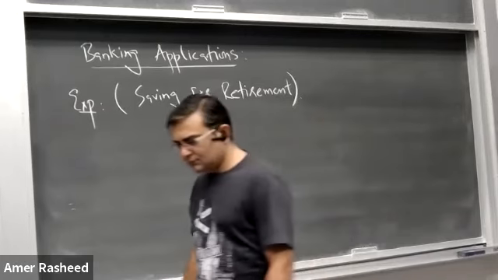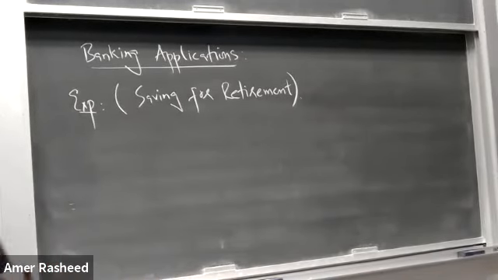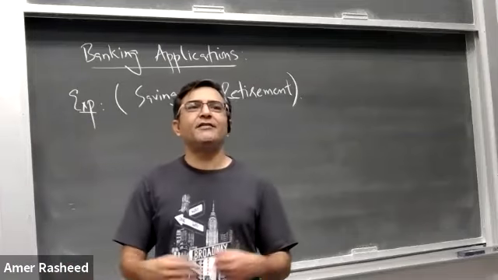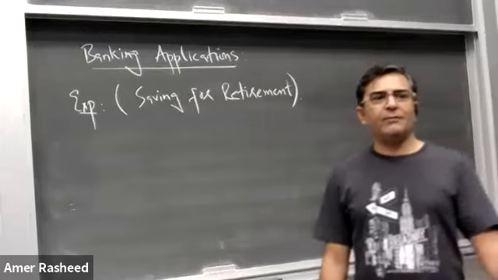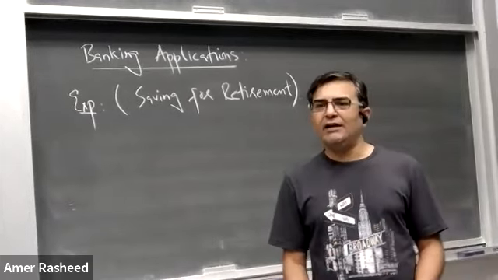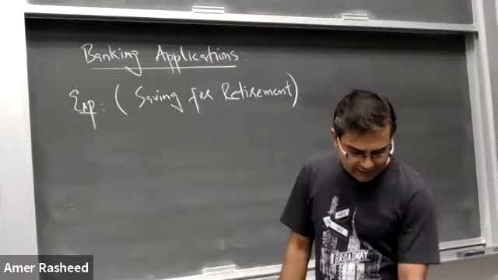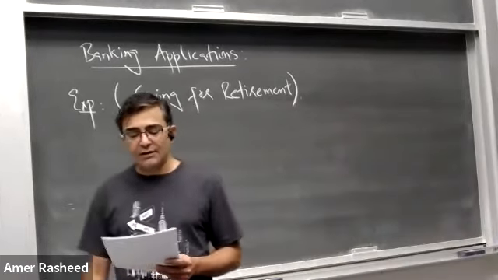So I would definitely think about my retirement plan. I would definitely save some money per month or per year for my retirement so that I can have a handsome amount of money at the time of retirement. So that also gives us a first order differential equation.